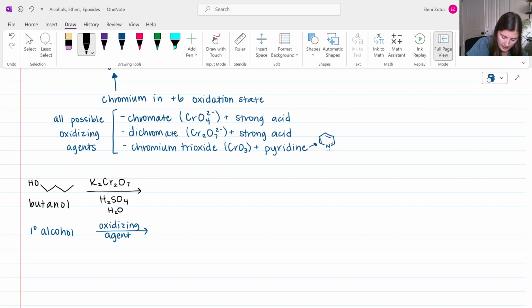So if we do that, we have a double bond, 4 carbons, and I'm just going to emphasize that there is also a hydrogen bonded to that carbon. So this is butanal, because this is an aldehyde. So the suffix for aldehydes is -al.